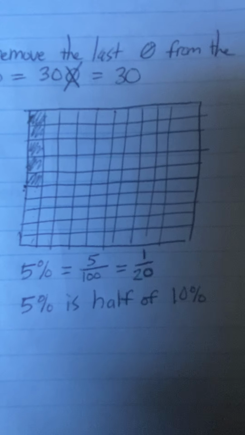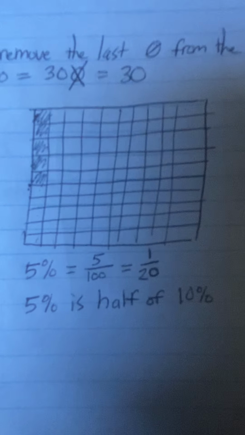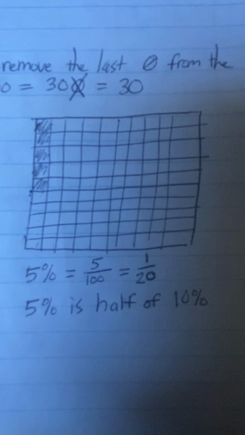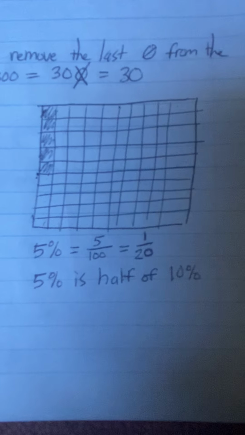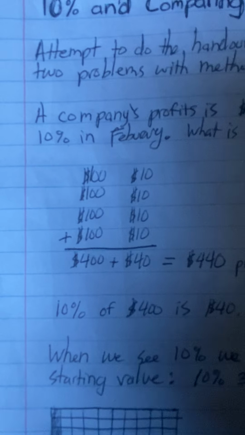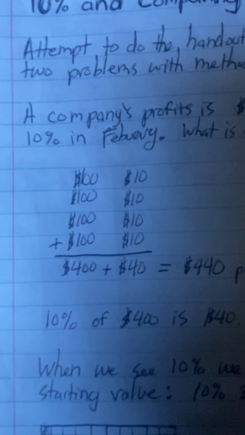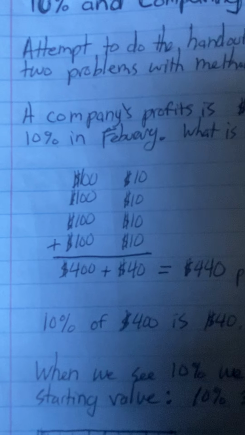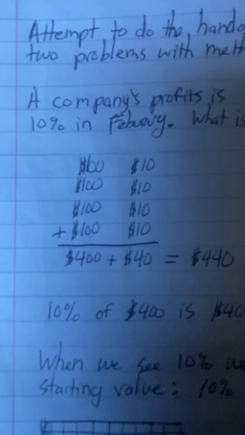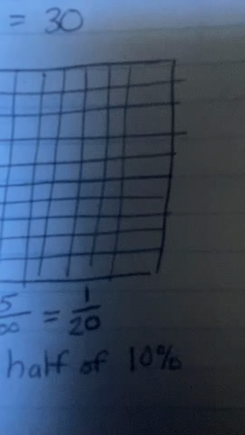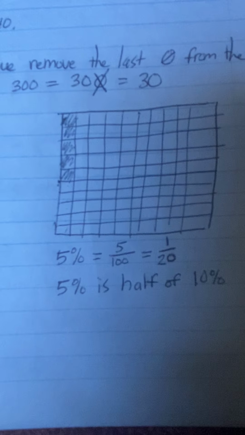Now, 5 is half of 10, so 5% is half of 10%. So if we can find 10%, we can find 5%. So if 10% of 400 is 40, 5% of 400 is 20, because half of 40 is 20. So we would drop the last zero, and then we would divide it in half to find the 5%.